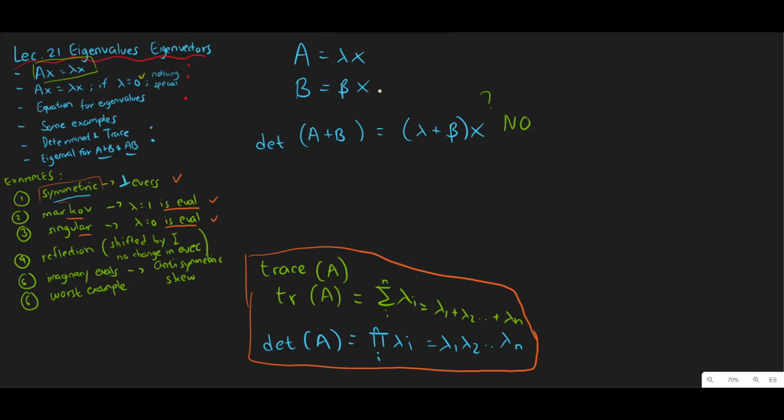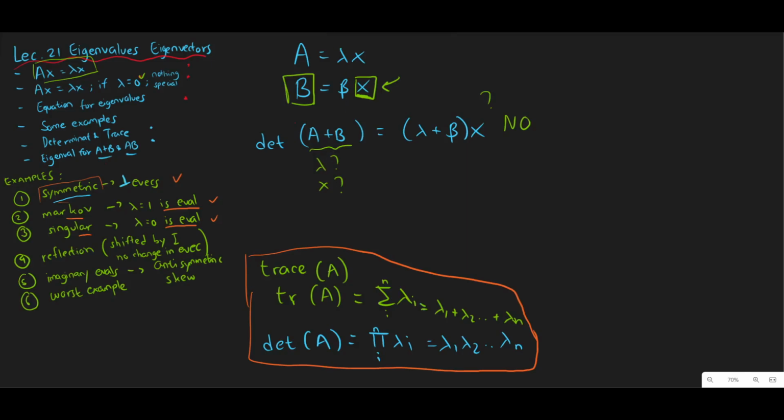Because there's no way to guarantee that the x eigenvector is also the eigenvector of B. So how do we compute the eigenvalues or eigenvectors of A plus B? You have to follow the same process again: compute the determinant and find the eigenvector for each eigenvalue.